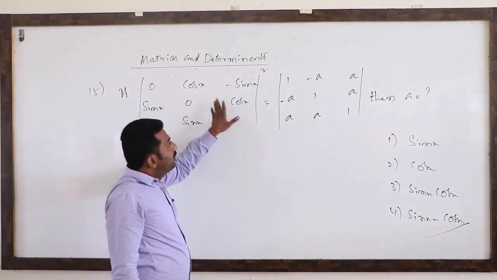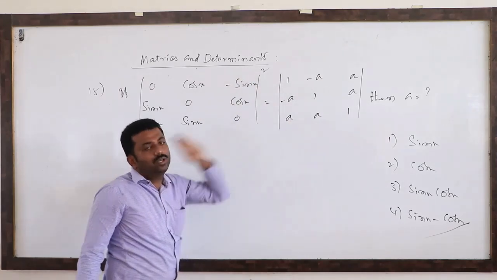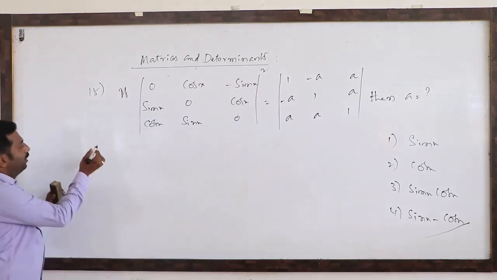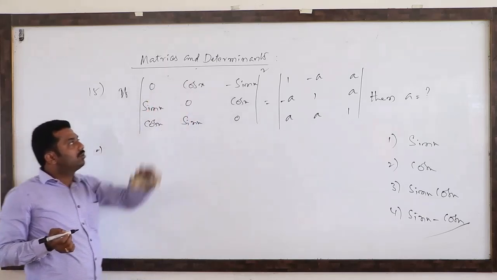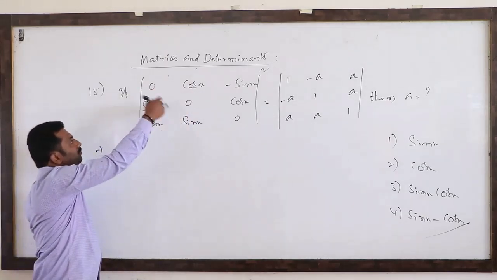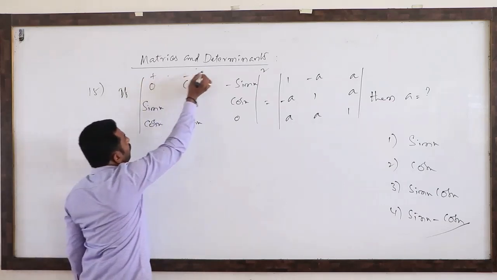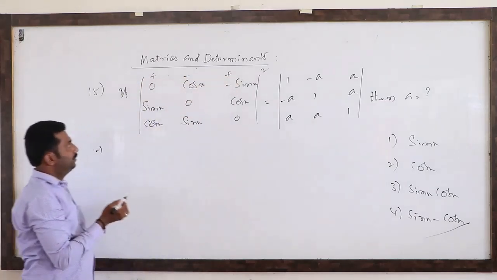So we'll expand this determinant, whole square equal to this, which we will also expand. If I expand along the first row, what happens? 0 into something is 0, with signs plus minus plus.